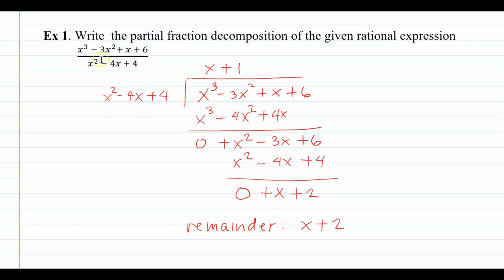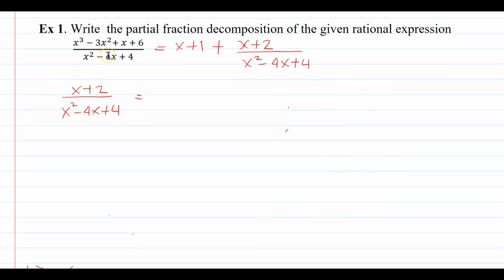So when we divide x cubed minus 3x squared plus x plus 6 by x squared minus 4x plus 4, the result is x plus 1 with a remainder of x plus 2. So after the long division, we have a polynomial, the quotient x plus 1, and a remainder of x plus 2 over x squared minus 4x plus 4.